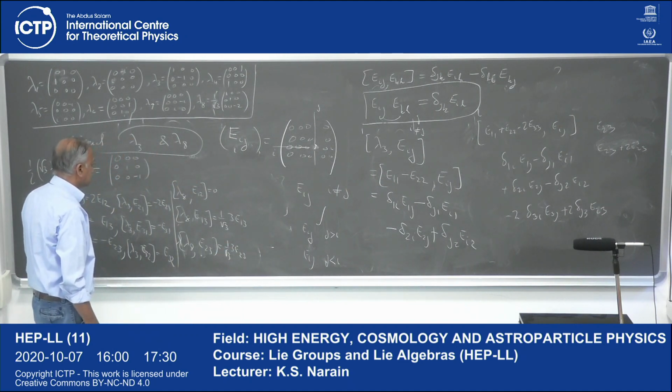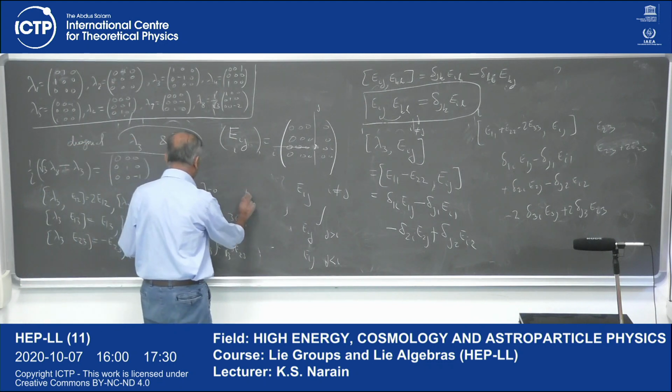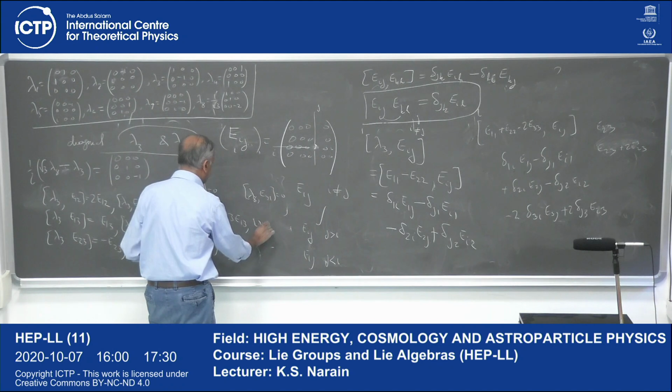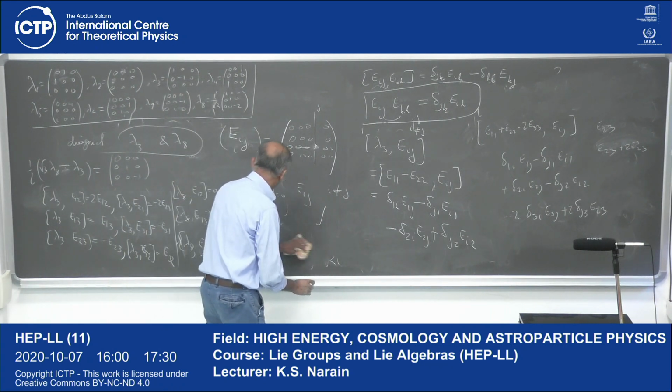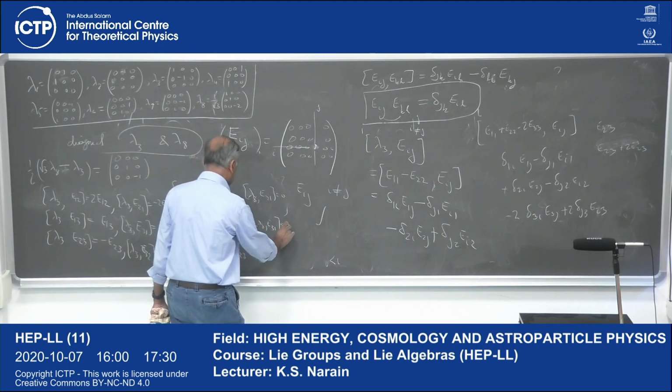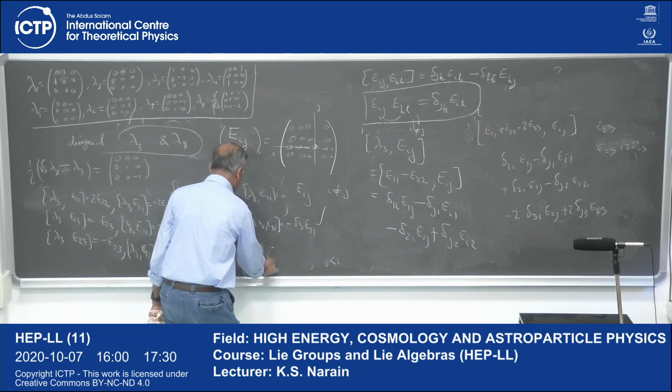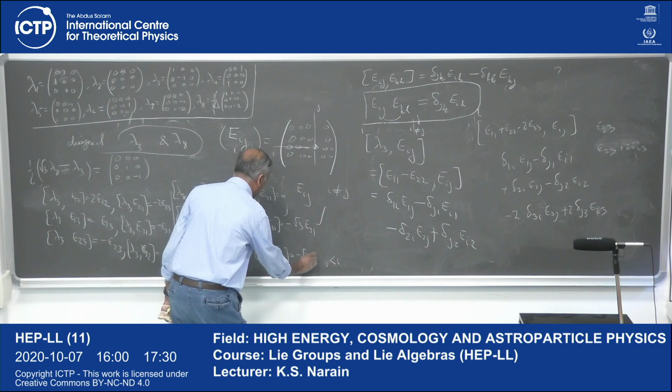And once again, the other guys: lambda 8 on E21 is 0, lambda 8 on E31 should be minus root 3, and lambda 8 with E32 is equal to minus root 3.